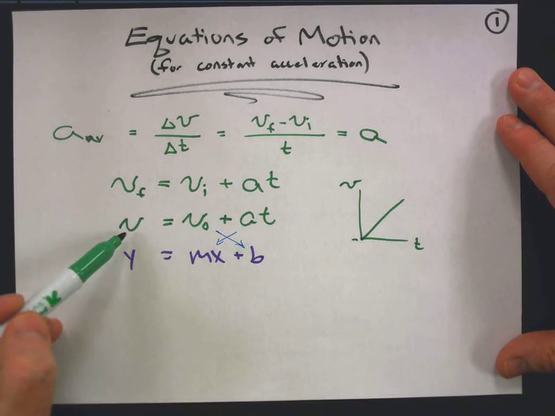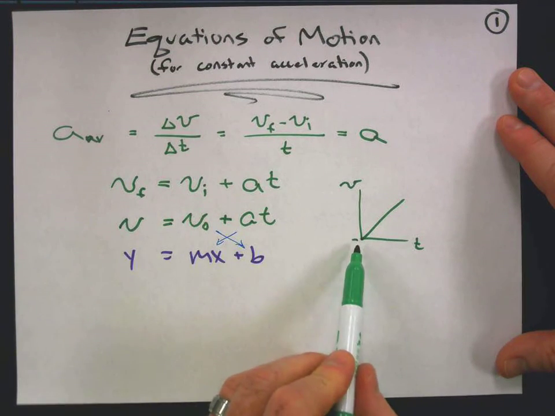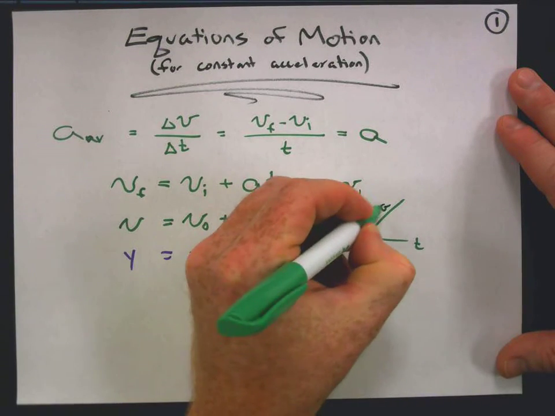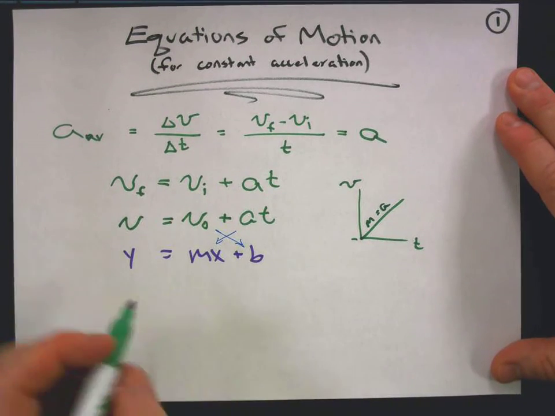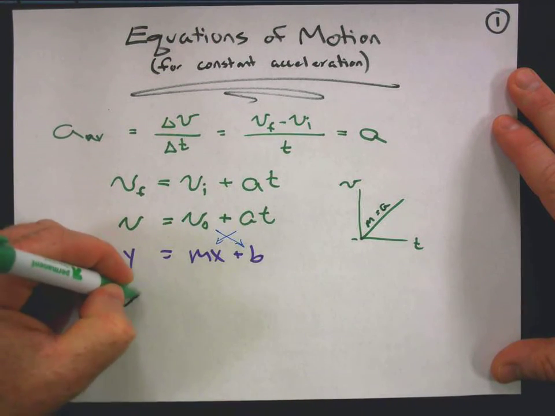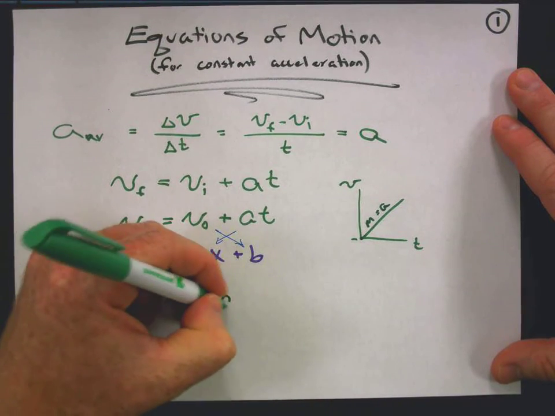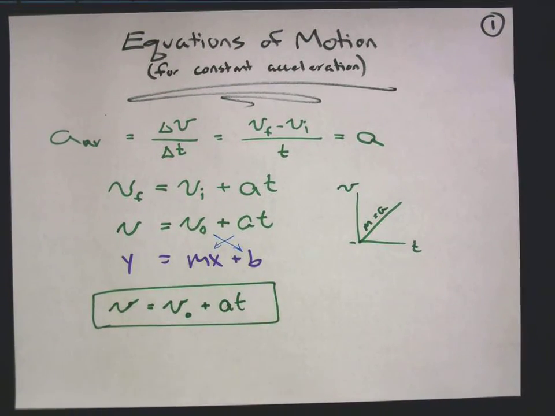Remember, velocity at any given time, initial velocity taken into account, and that's the y-intercept on a VT graph, and then your slope of the graph is your rate of acceleration. So your a is shown as the slope. Slope m equals your acceleration. So, first equation. Boom. There you go.